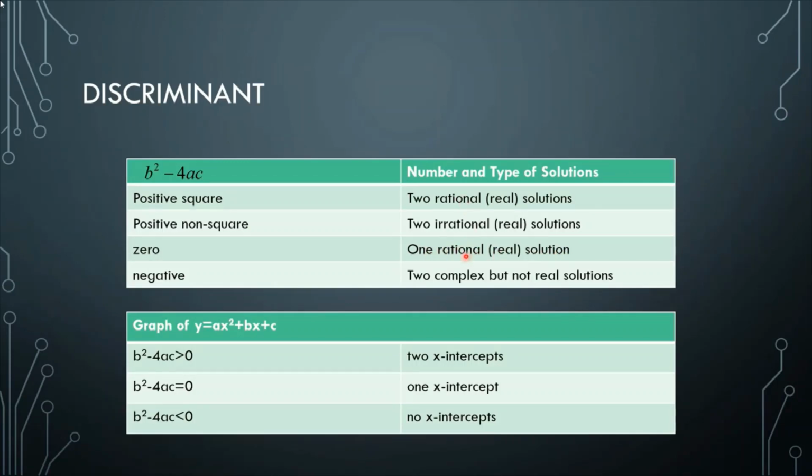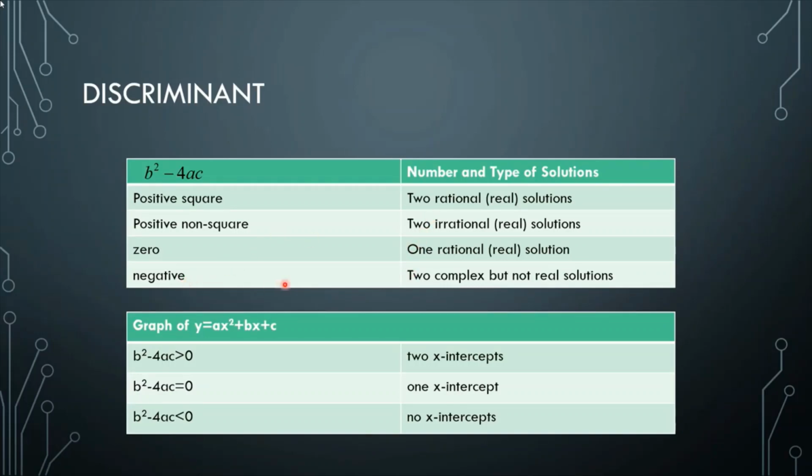Now, rational, irrational. Rational just means that you can write it as a fraction with no square roots, just a whole number over another whole number. Irrational means it has a square root in it. And you can kind of tell the difference between the two when you take the square root of it.